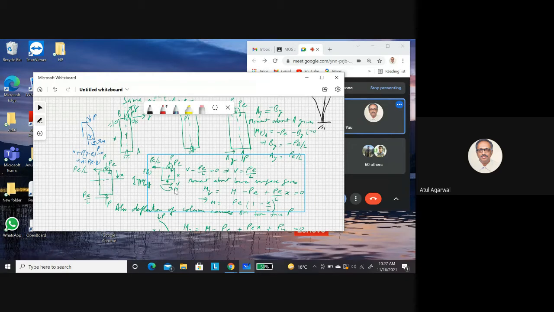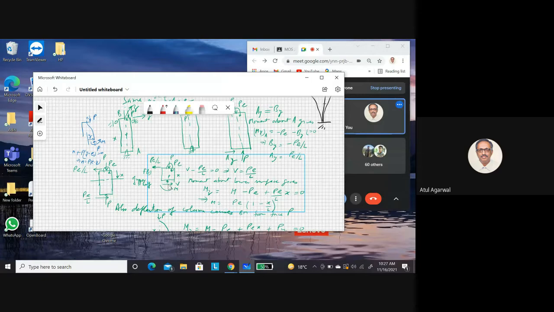Okay. Just assume this z is pointing towards you instead of going into the plane. I think everything else is okay.